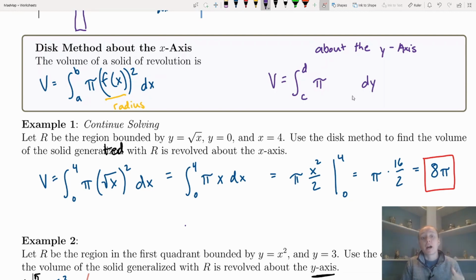So since I'm doing pi r squared with respect to y, as opposed to having some function of x squared, I'm going to have some function, let's call it p, of y. We're going to have that function squared. But this is still the radius. Everything now is just in terms of y.